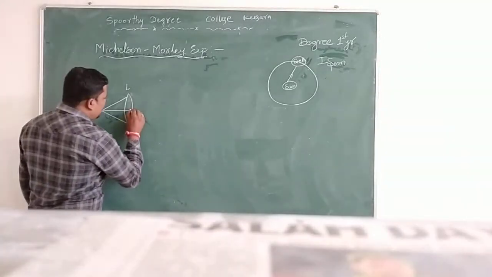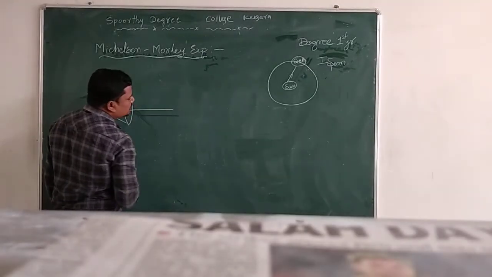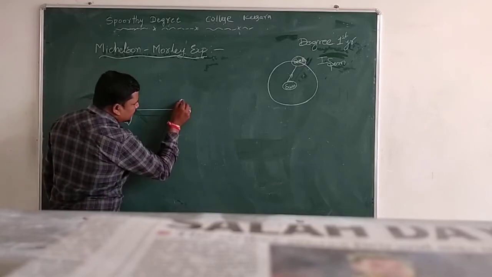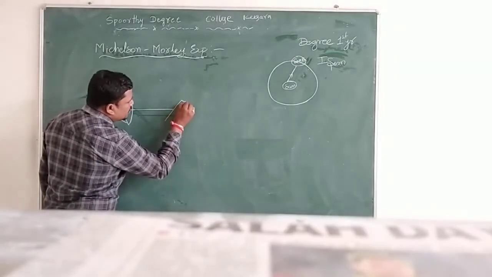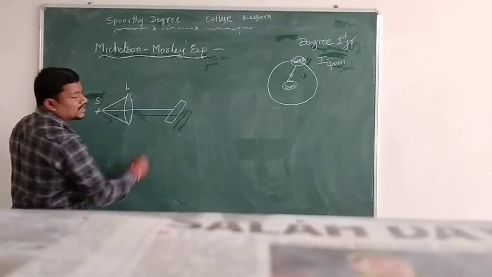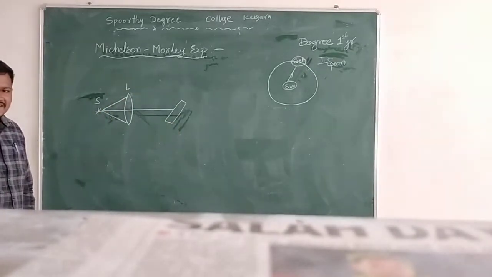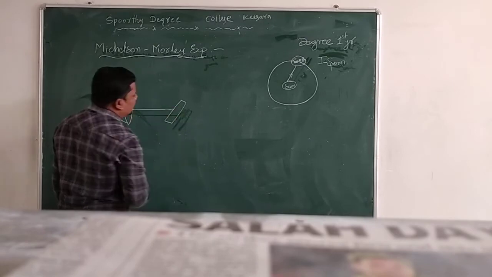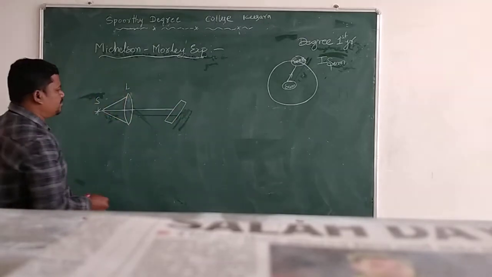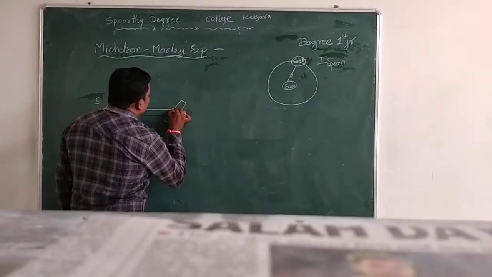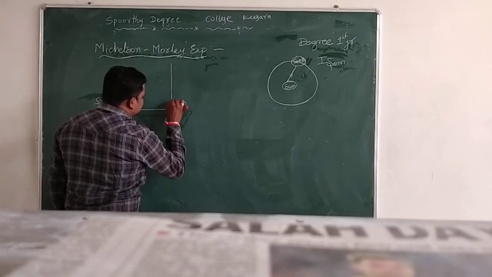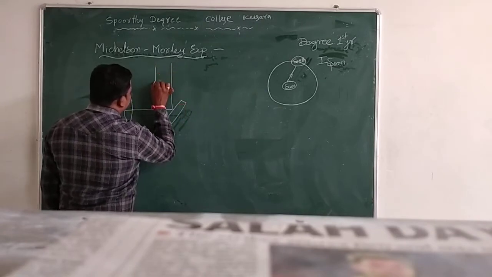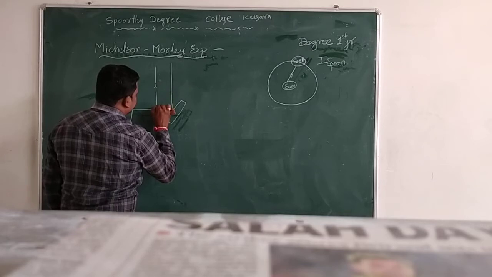Then the beam of light is incident on a semi-silver glass plate. From the semi-silver glass plate, at a distance L, there is a mirror.